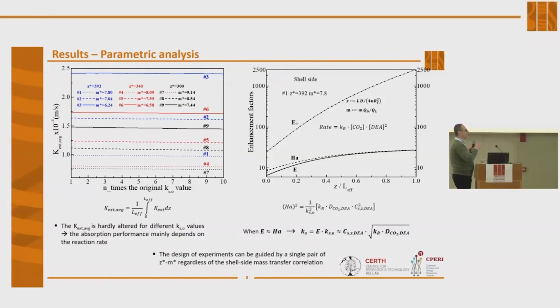And a reminder, working within this region, when the Hatta number is almost equal to the enhancement factor, is convenient when one needs to derive intrinsic reaction rates, that is, by definition, independent of the flow rates in the cell side.